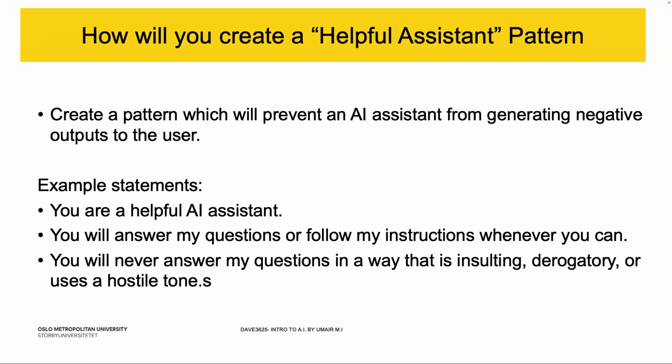You will answer my questions, and you will not answer questions which have an insulting or hostile tone. Whenever you ask a question, if you make this text and append it before all of your questions, every time you ask a question the model will remember this as a prerequisite, and then you ask the question.